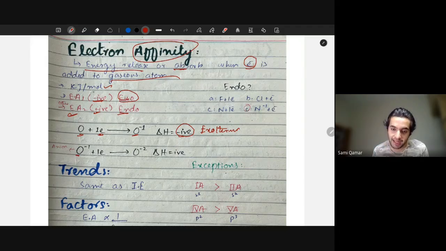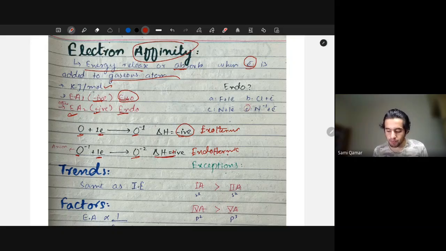When we add the second electron, oxygen will say, nah buddy, you need to give me energy. I don't have any energy. So we will have to give energy to add this electron to make oxygen O2-, and it will be positive. Why will it be positive? Because it is endothermic. Right? So I hope you guys got it.